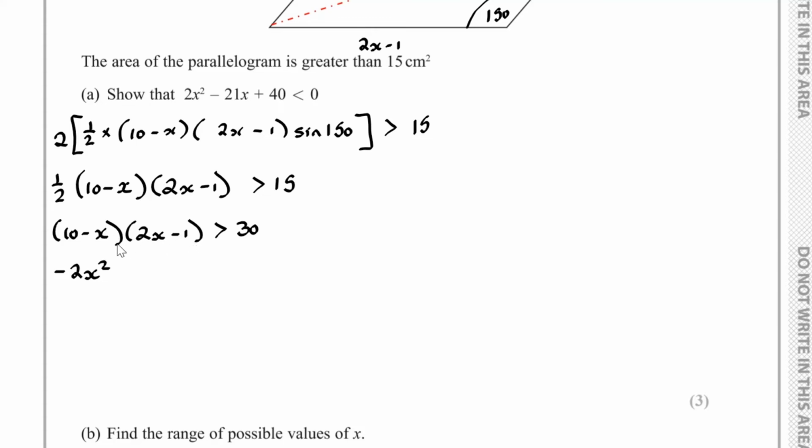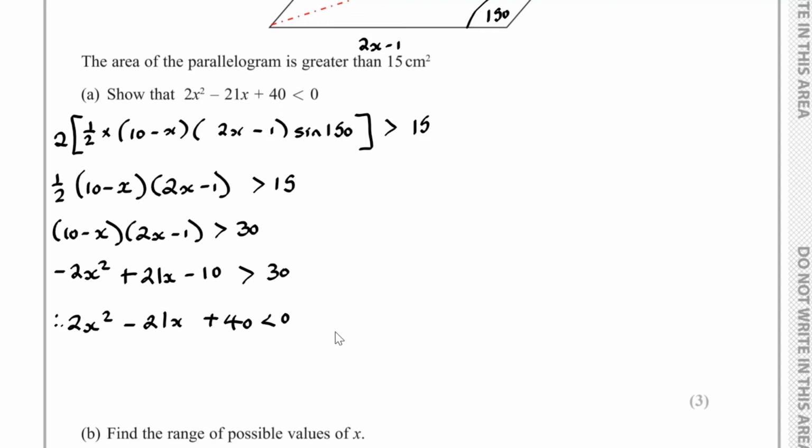So we've got 10 times 2x, which is 20x, yeah. So here we've got 21x, and then 10 times minus 1, that's minus 10. And this is greater than 30. And if we rearrange taking everything over to one side, 2x squared minus 21x plus 40 is less than 0.